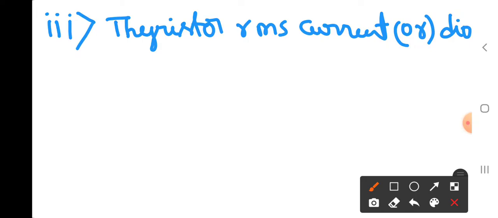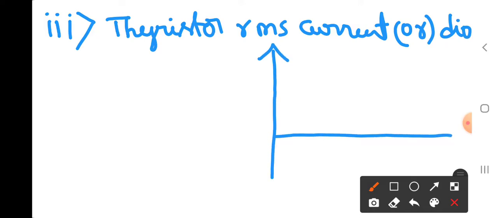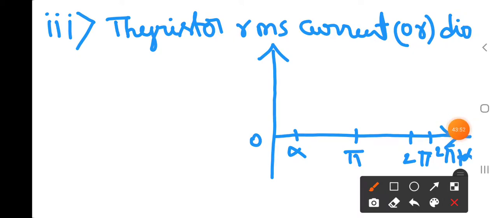In the circuit, if I want to draw the graph for the current flowing through T1, whenever T1 is turned on, it conducts from alpha to pi. Then 2 pi, and again from 2 pi plus alpha to 3 pi.